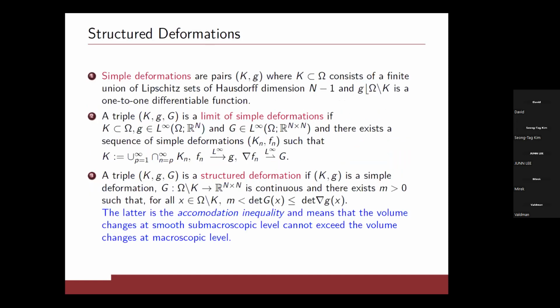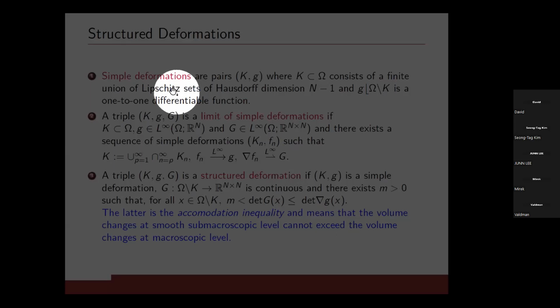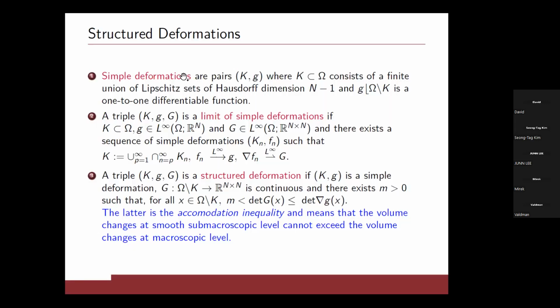The point that Del Piero and Owen made was essentially this description. You may have a simple deformation, which is a pair K and g, where K is the set where your deformation field g is not smooth, where you might have a fracture, let's say. Then they introduced the idea of limit of simple deformation.